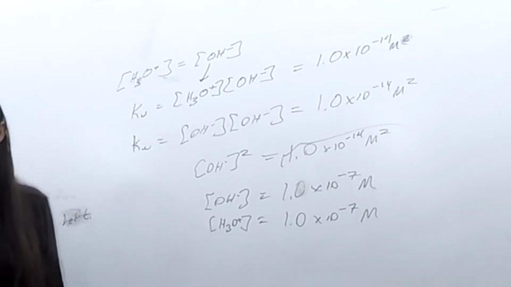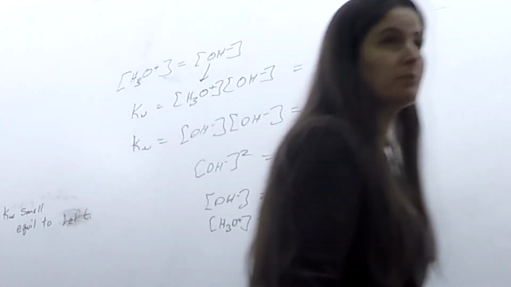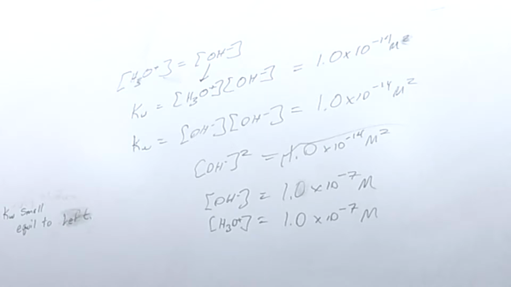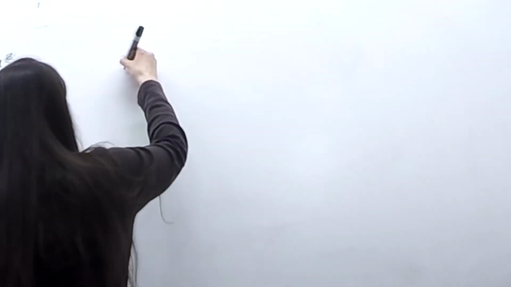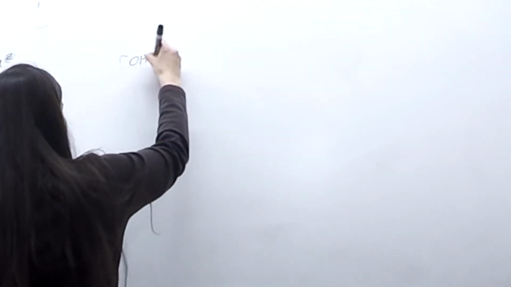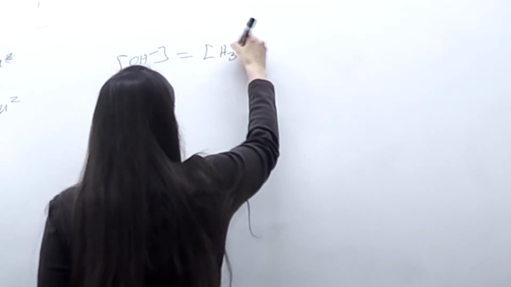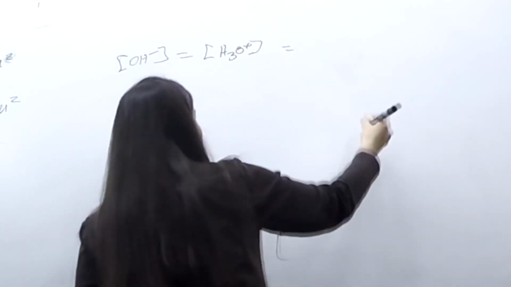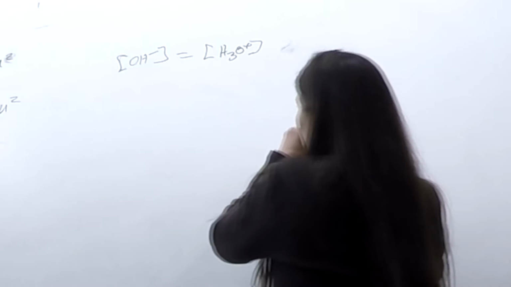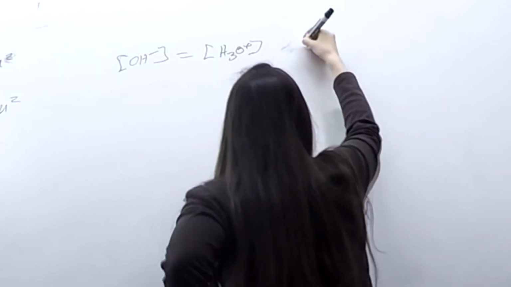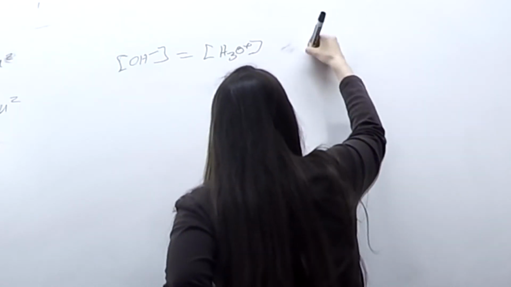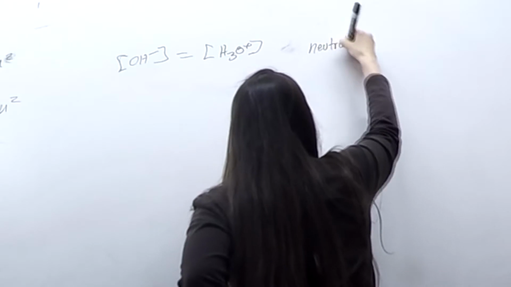So we can say something about these concentrations just by comparison, whether or not we have an acidic or basic solution when we make one. Because if the two of them are equal to each other, as we see there, the solution is going to be neutral.